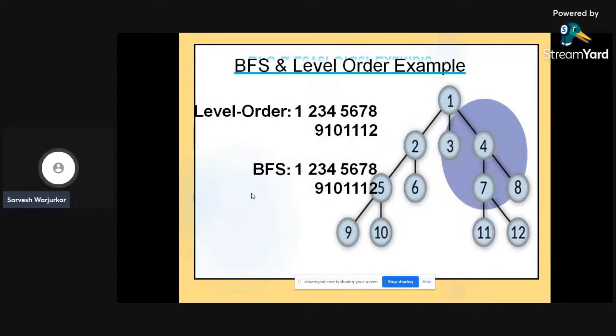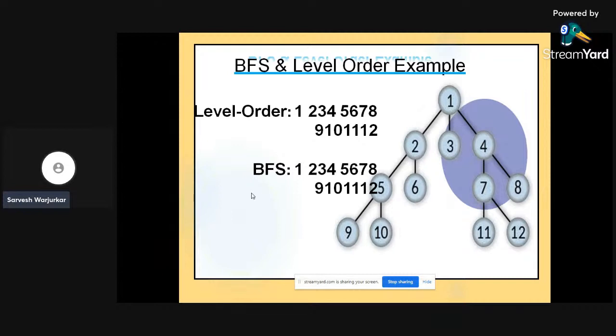So the level order of this given tree is 1, 2, 3, 4. Level means, as I already explained, level by level. Firstly, we are going to visit all the nodes that are in layer 0, all the nodes in layer 1, all the nodes in layer 2, all the nodes in layer 3 itself. Accordingly, the level order is 1, 2, 3, 4, 5, 6, 7, 8, 9, 10, 11, and 12.